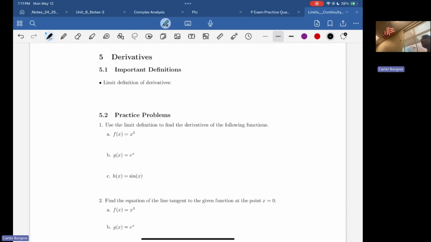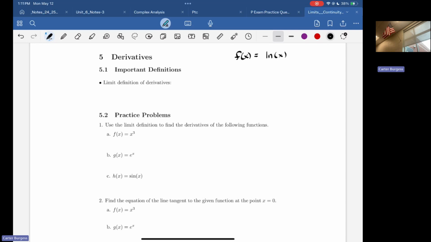So for instance, if I wanted to know what was going on at, let's say, 4, and I have some kind of function here, I'll say f of x is equal to, I don't know, the ln of x, right? And I want to know what is going on when x is equal to 4.